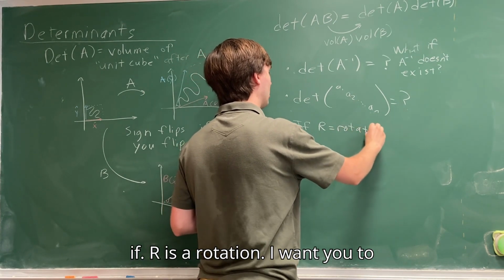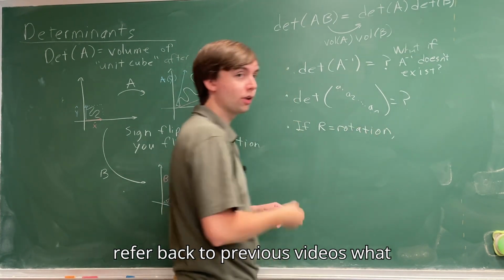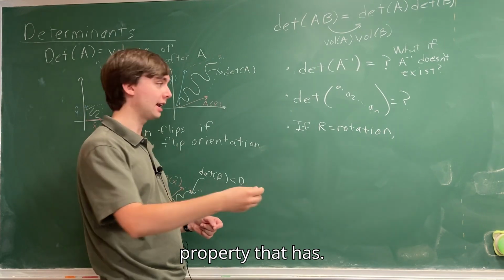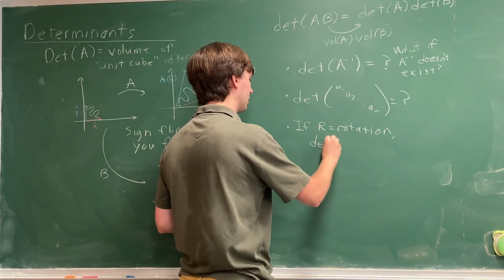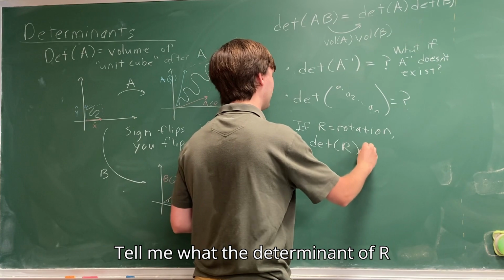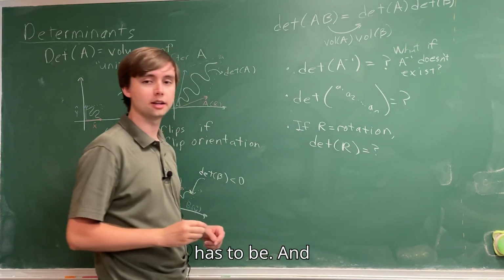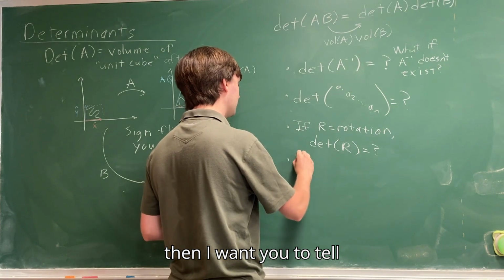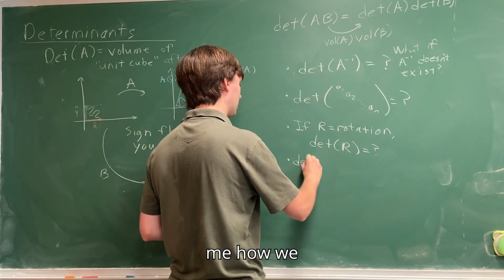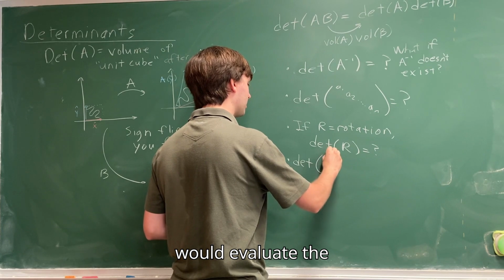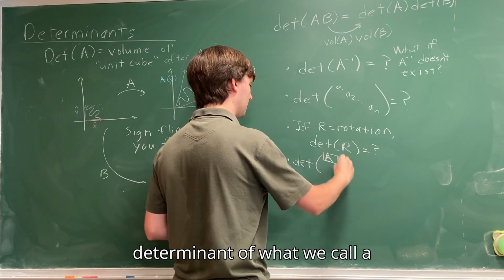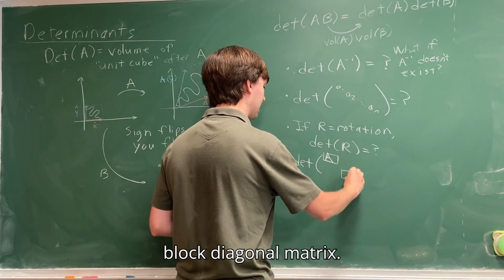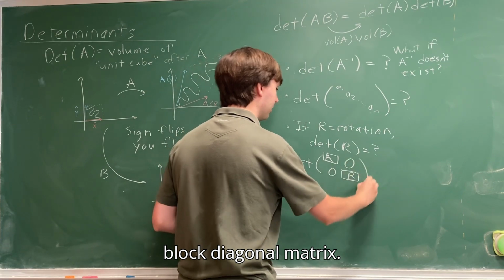If R is a rotation, I want you to refer back to previous videos for what property that has. Tell me what the determinant of R has to be. And then I want you to tell me how we would evaluate the determinant of what we call a block diagonal matrix.